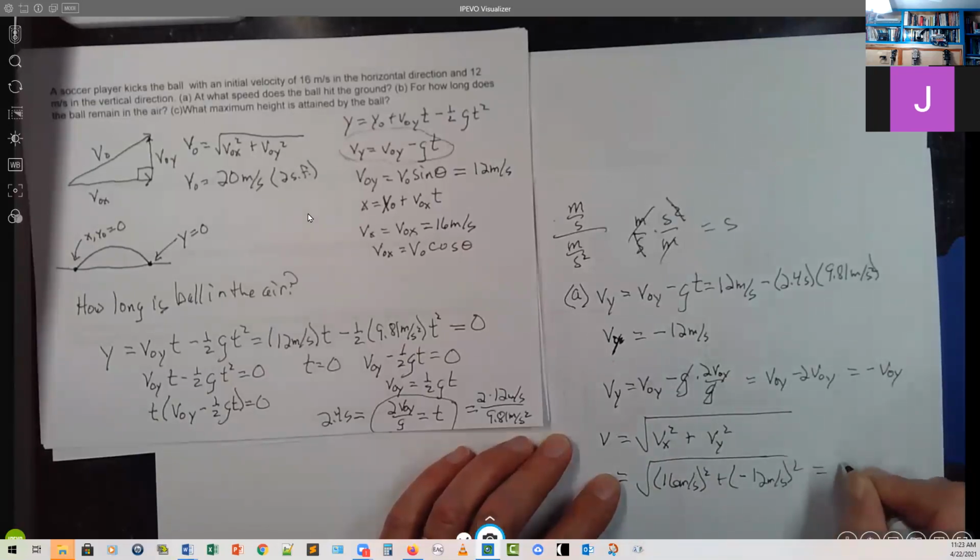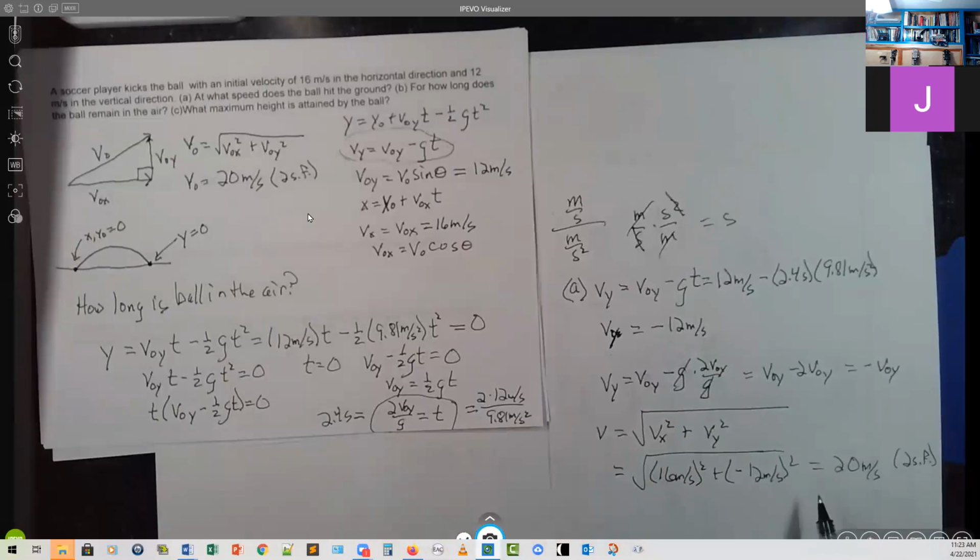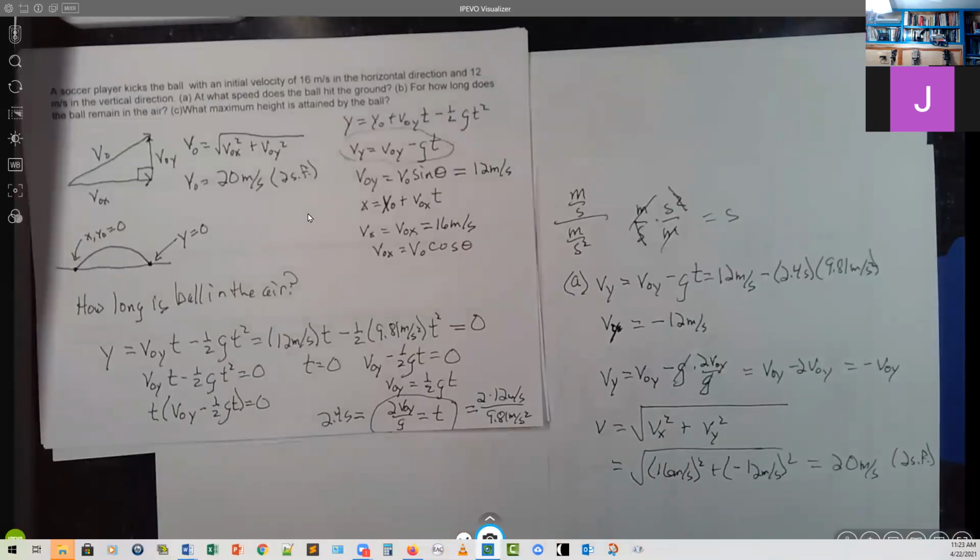And it'll end up being 20 meters per second, two sig figs again. And its speed when it hits the ground is exactly the same as the speed when it left it, as long as we can ignore air resistance. So that's something that comes out of our equations.